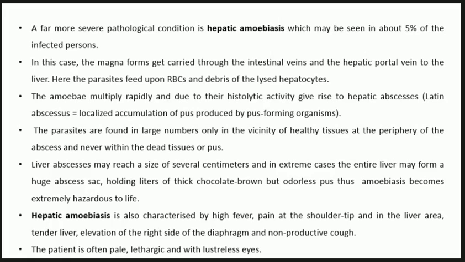So this may reach a size of several centimeters, in extreme cases the entire liver. Very rarely does it happen that the whole liver is infected by this particular organism. If such a thing happens, then the whole liver forms a huge abscess sac, meaning within the liver a lot of dead tissue will be there and pus formation will be there, a thick chocolate brown odorless pus.